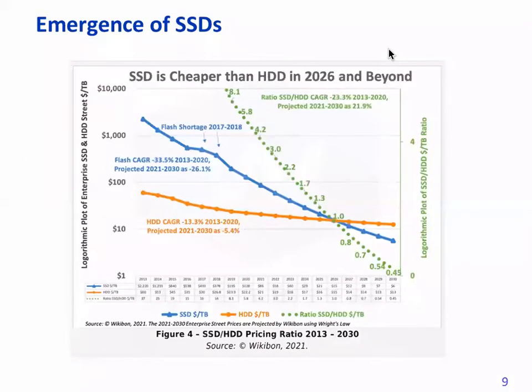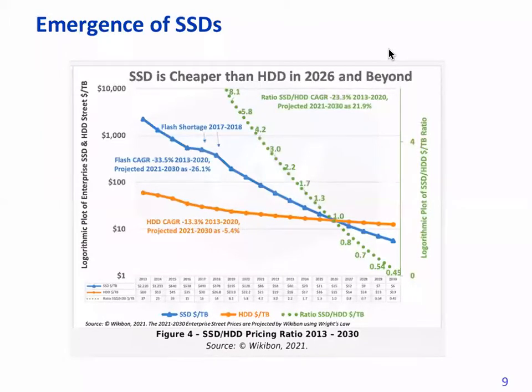Okay, and then we compared SSD versus HDD, and we have seen that in year 2026 it is expected, it could be earlier too, that SSD will be cheaper than hard disk drive.